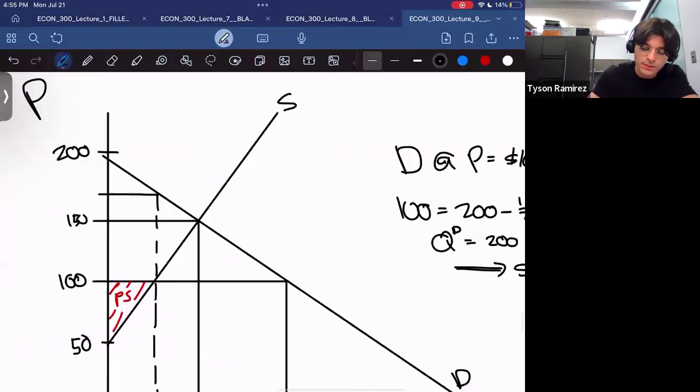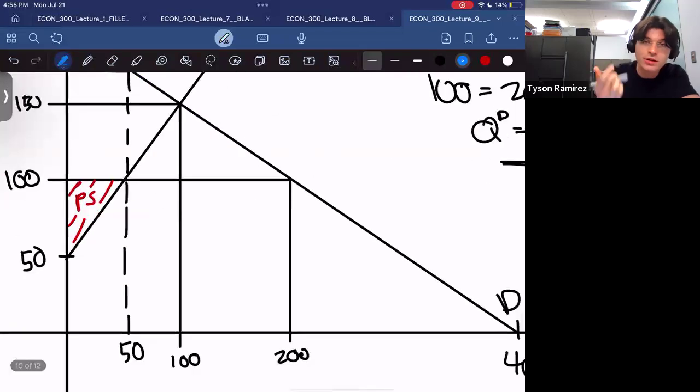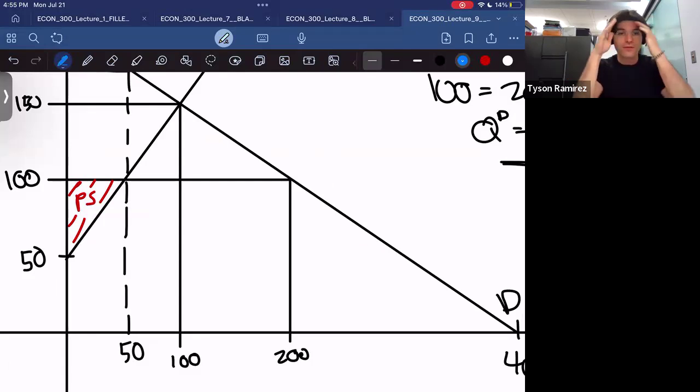What I'm trying to get at is that there are some people who are willing to pay this high price. Since there is a shortage, the people that are willing to pay the most will get the item. This is how efficiency works. This is how we want to talk about an efficient allocation of resources.